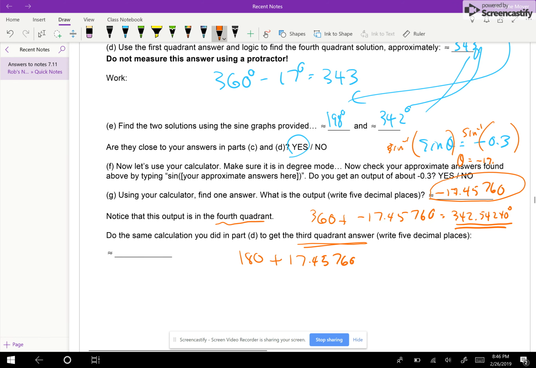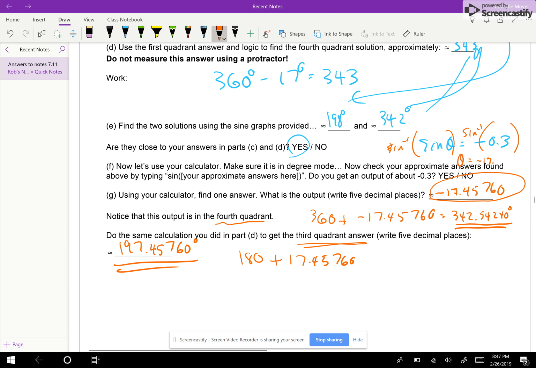So I'm going to go back, get negative 17, and I'm going to take 180 minus that answer and get 197.45760 degrees, okay?